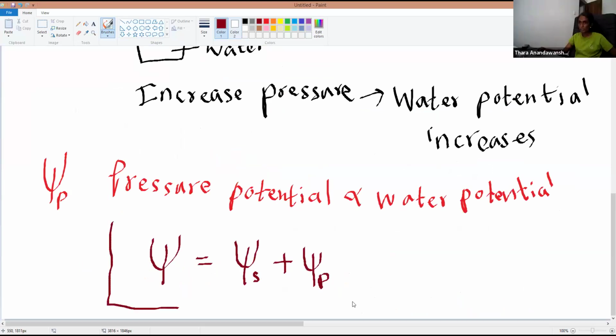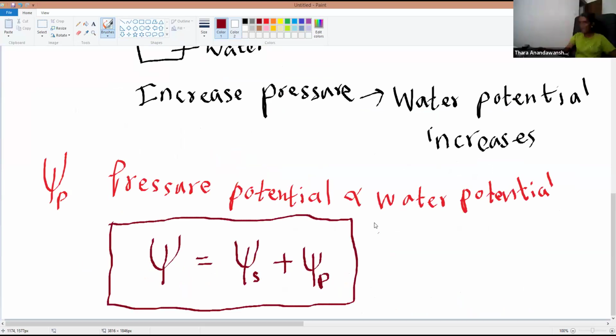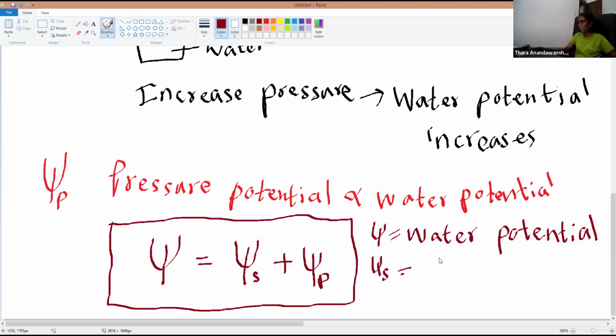Write this equation first, and then psi is water potential. Psi S is solute potential. Psi P is pressure potential. Write that too.